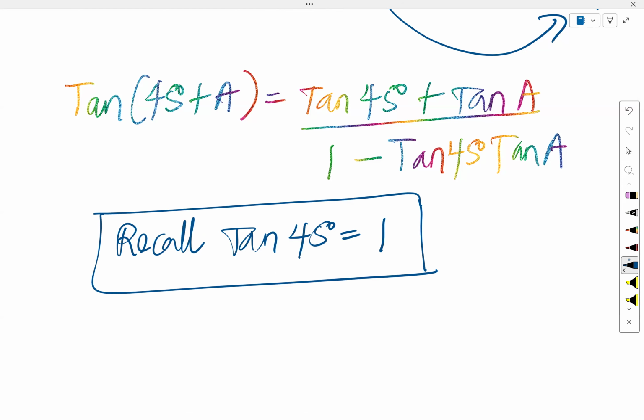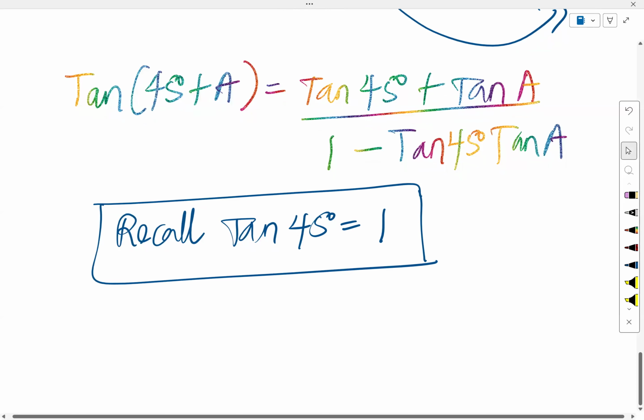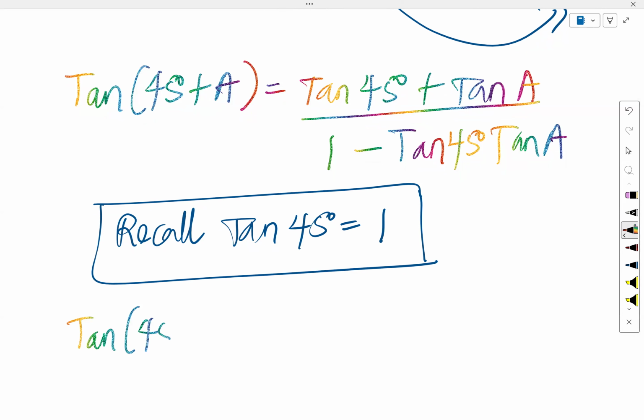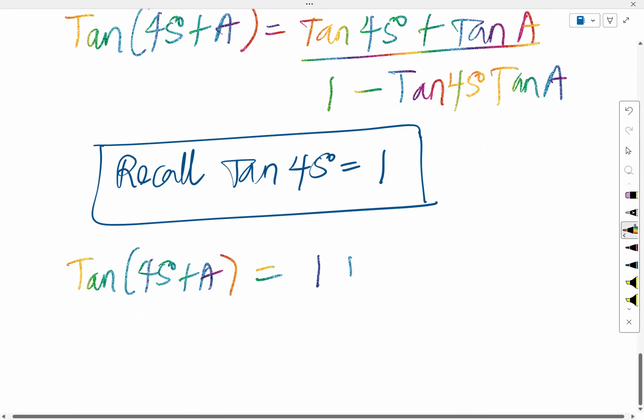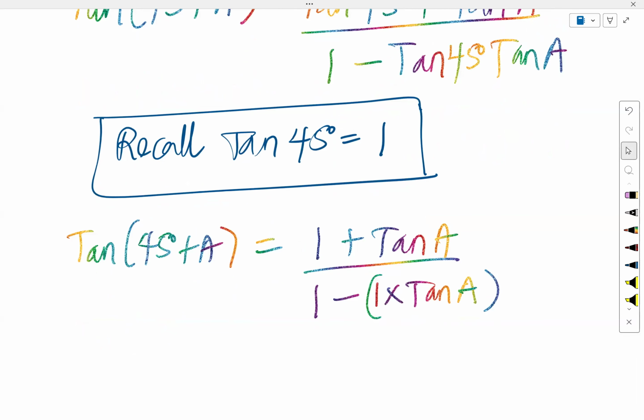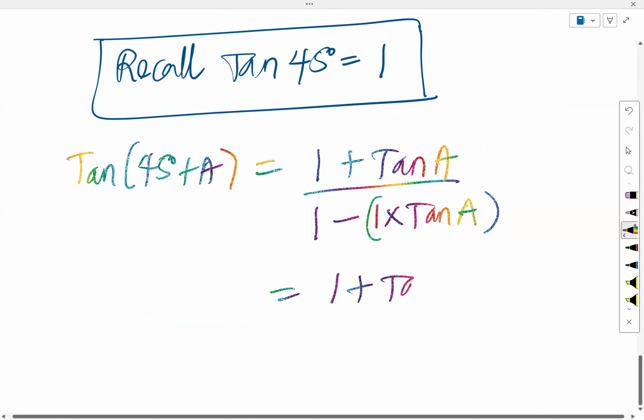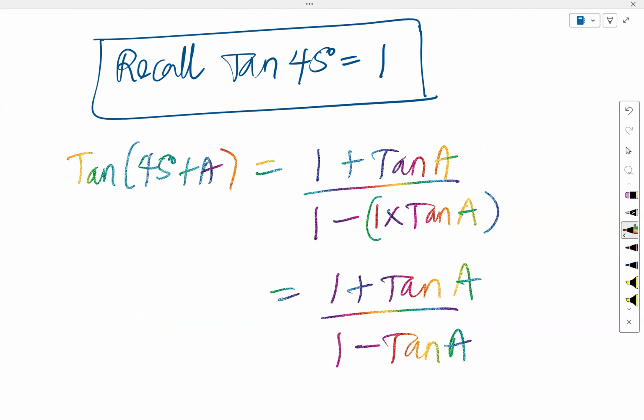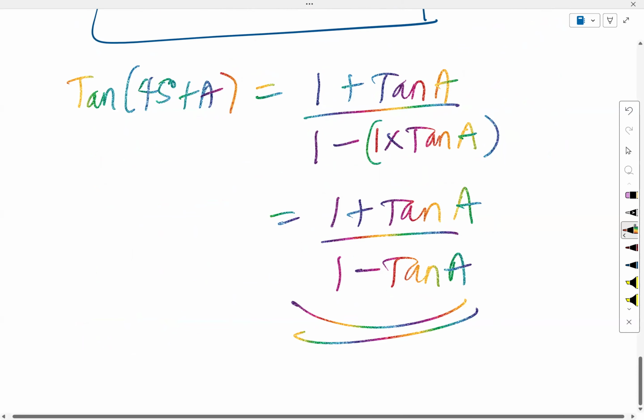So from there, we can say that tan of 45 degrees plus A is equal to, tan 45 is 1, so 1 plus tan A all over 1 minus tan 45 degrees, which is 1, times tan A. And then that is equal to 1 plus tan A all over 1 minus tan A. And that is what we are required to show. So that is the second example.